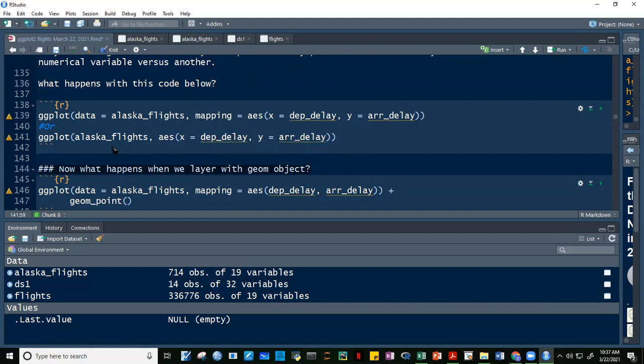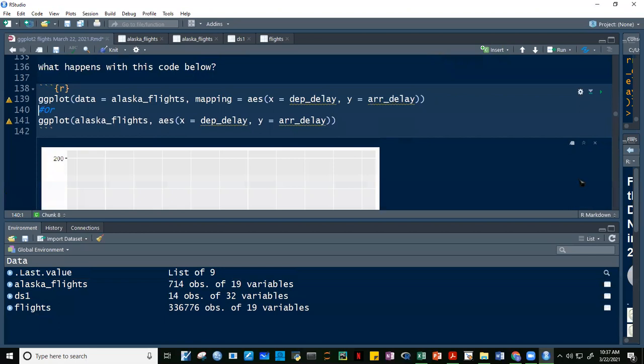So ggplot, data is equal to our data, then mapping is equal to our coordinate system. But it's just the same as not using data is equal to, because R understands it, and the aes is equal to this one without using the function mapping.